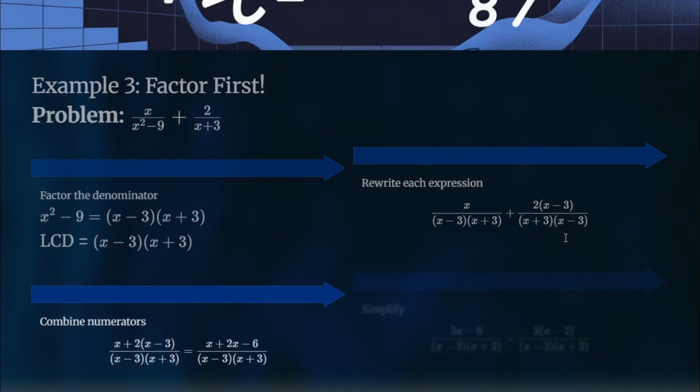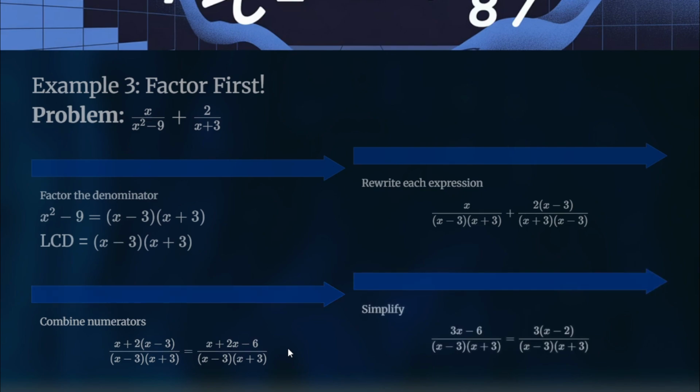We can therefore combine the numerators. So our numerator will become x plus 2 times x minus 3, and all this over our least common denominator of x minus 3 times x plus 3. And if we distribute the 2, this becomes x plus 2 times x is 2x, and 2 times negative 3 is negative 6.